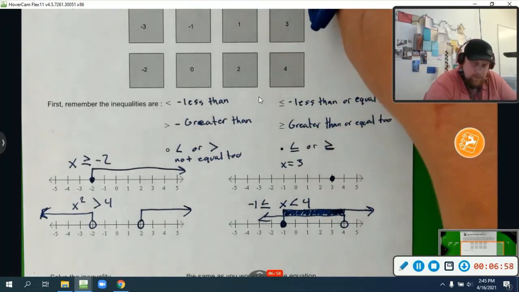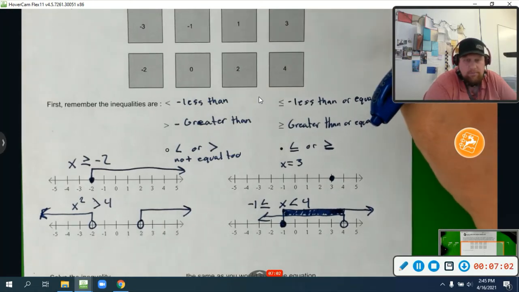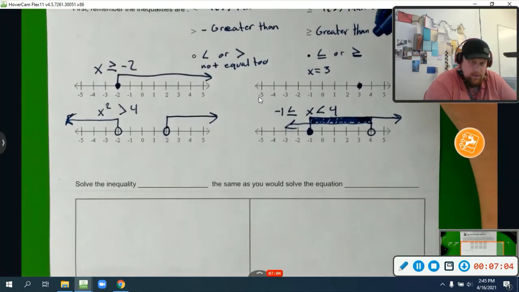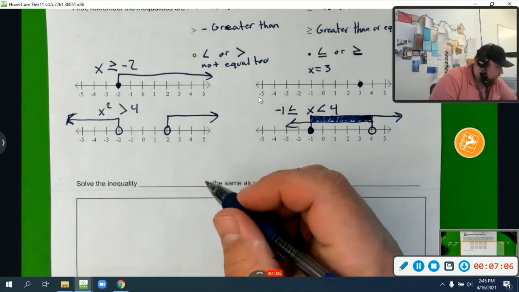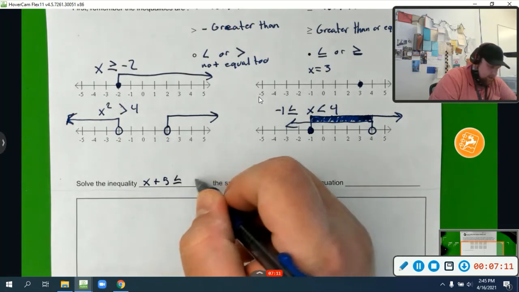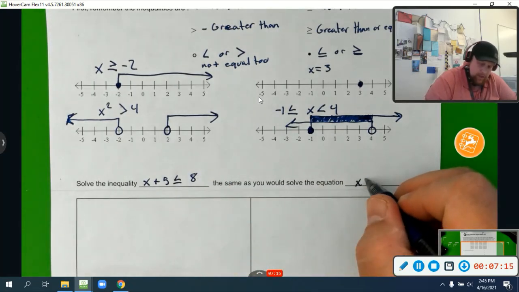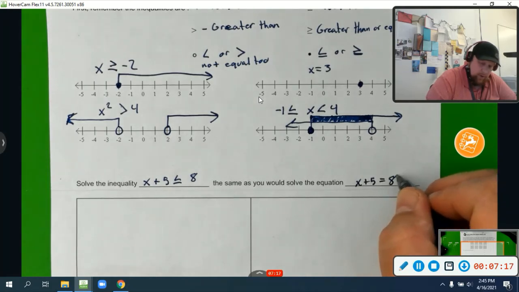All right. Now, what happens when we need to actually solve this inequality? So we're going to solve the inequality x plus 5 is less than or equal to 8, the same as you would solve the equation x plus 5 equals 8. What do I mean by that?